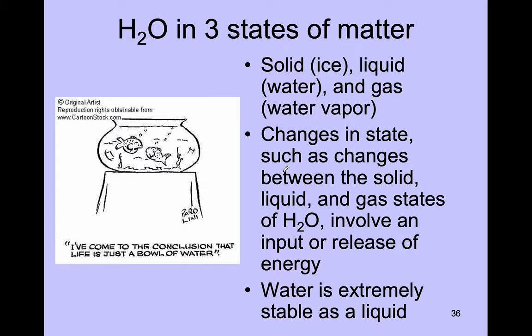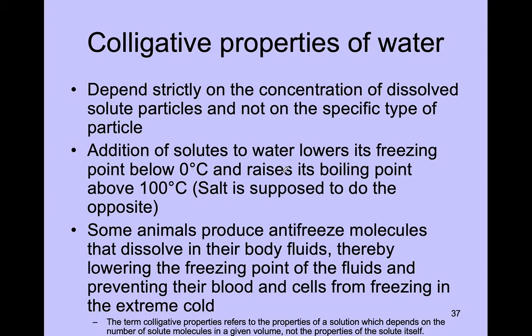But water is universal, and it's mainly because it's so stable in its liquid form and its ability to dissolve things. Now, colligative properties are properties of a solution that depend on how many solutes are in a volume, not the actual solute itself. So colligative property of water just simply means, when sugar is dissolved in water, what properties does that water have?